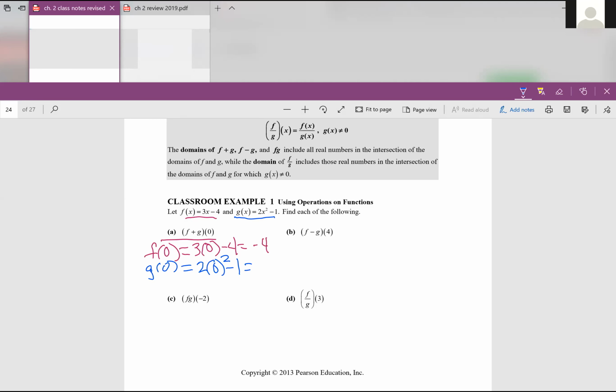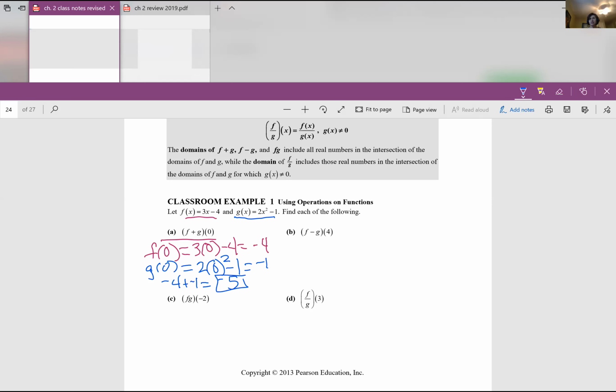Because order of operations tells me do the exponent first. I'm squaring 0, which is 0. 0 times 2 is still 0, and 0 minus 1 is -1. So if I add these two together, -4 plus -1 is? -5. And that's my answer.